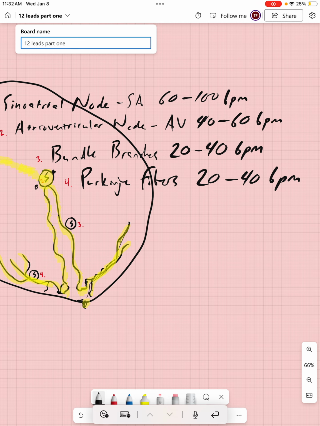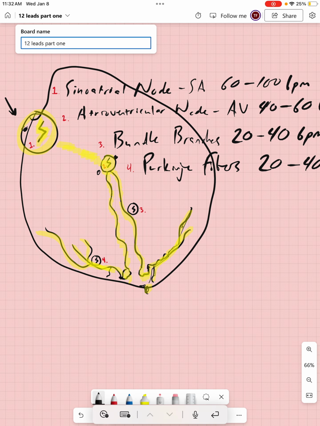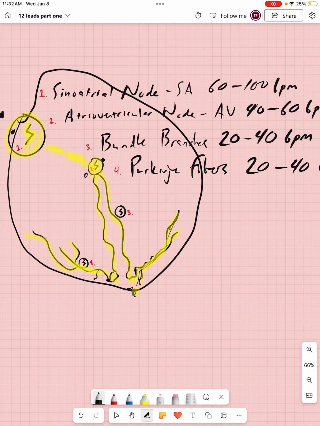So again, why is this important? This is pertinent to me because if I see a patient with a heart rate of 30, there is a strong possibility that their electrical stimuli are not being initiated and conducted by our SA node or our AV node, and it's probably in one of our bundle branches, which is not normal, and that might mean we have some cardiac issues.